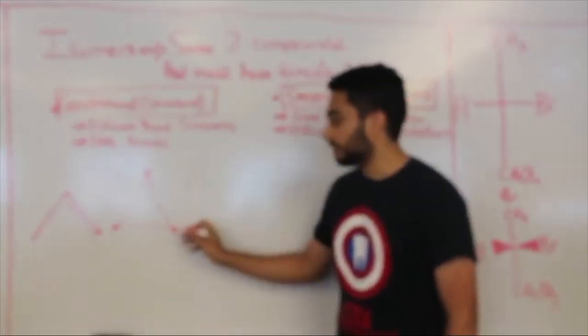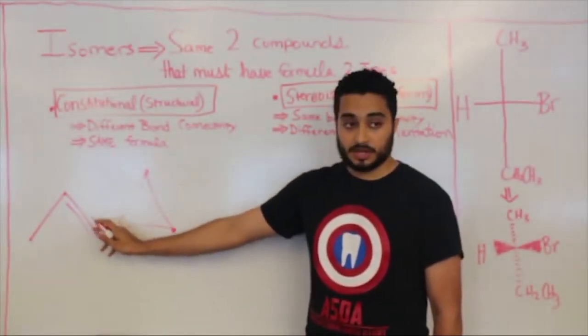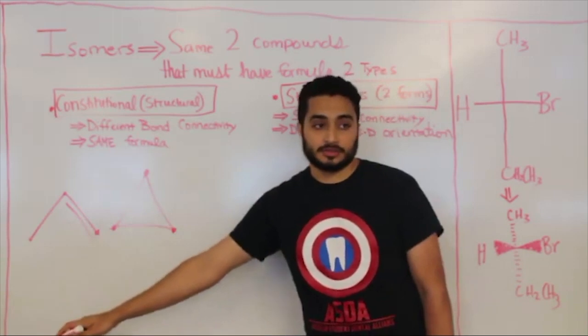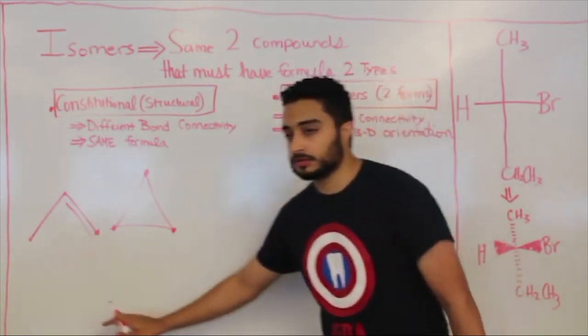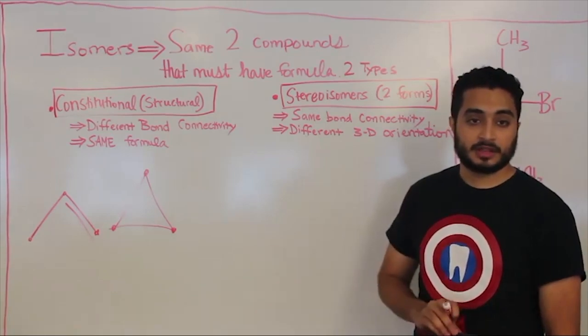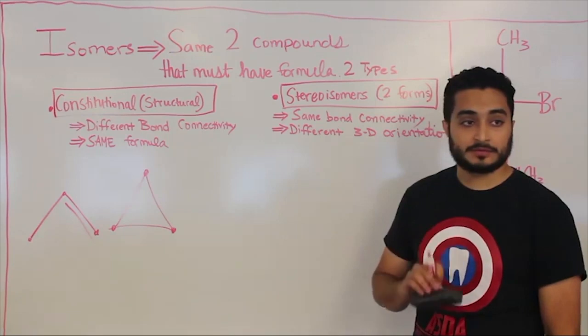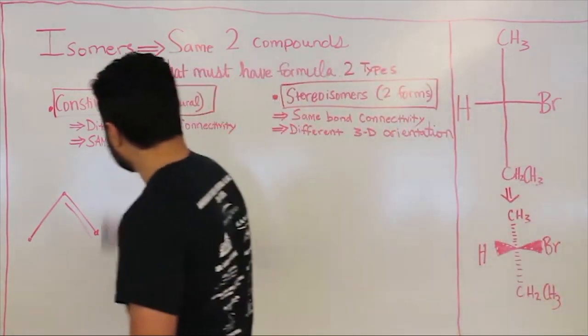But the thing that makes them different is that this is a single bonded ring, and then this one is a double bond made with another carbon coming off of it. Okay? So these are all examples of constitutional or structural isomers. Just remember that they have the same formula, but they have a different bond connectivity. Okay?